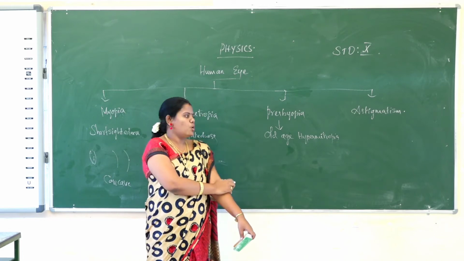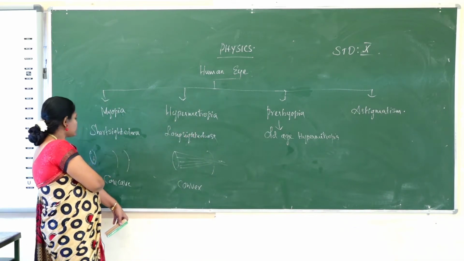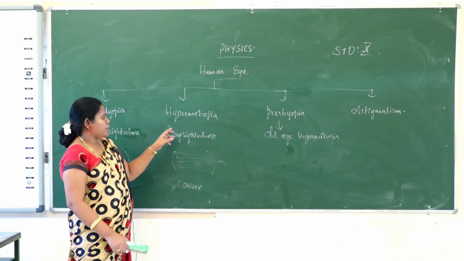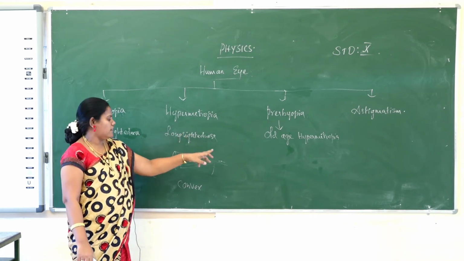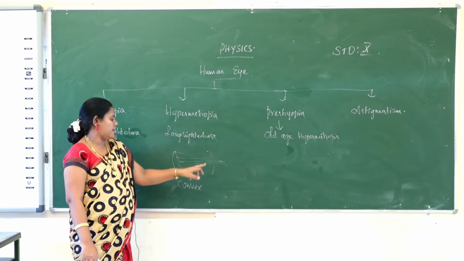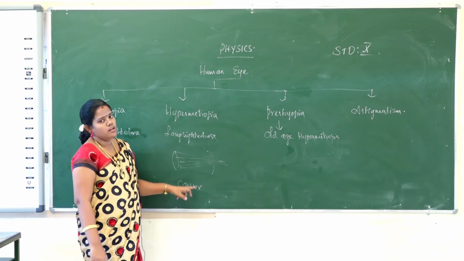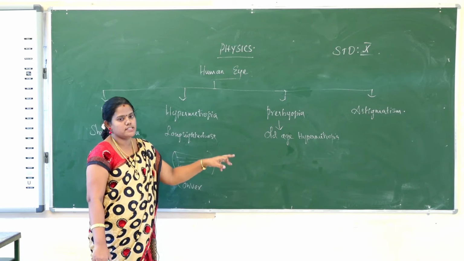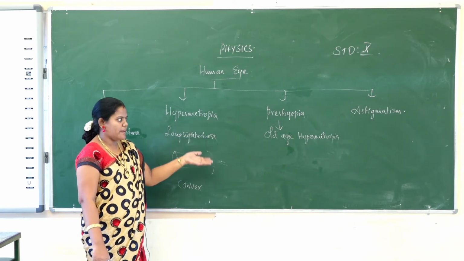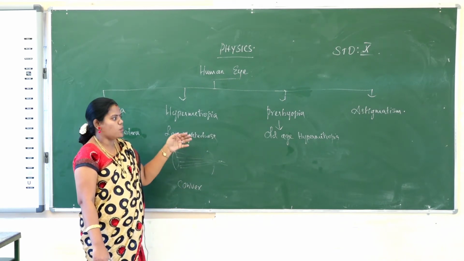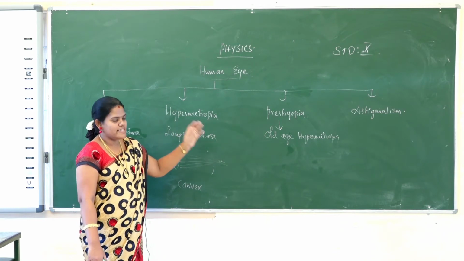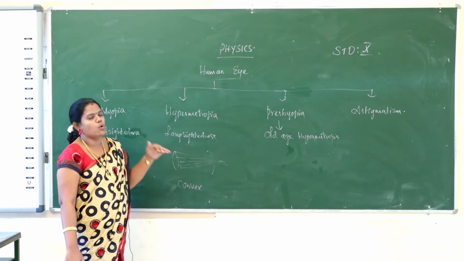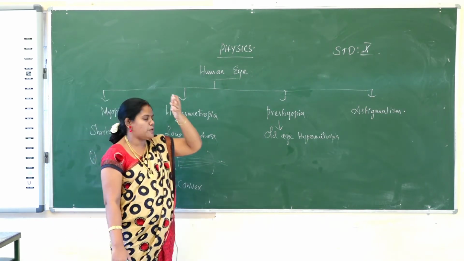So hypermetropia will be detected in his eye, and a convex lens is worn to treat it in old age. In old age people call it 'vellezhuthu'. That is old age hypermetropia, a disease that only arises in old age, so that is called presbyopia.